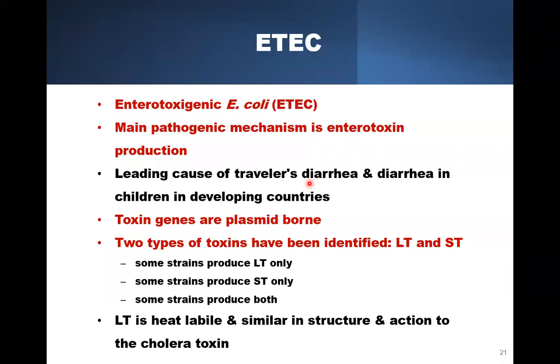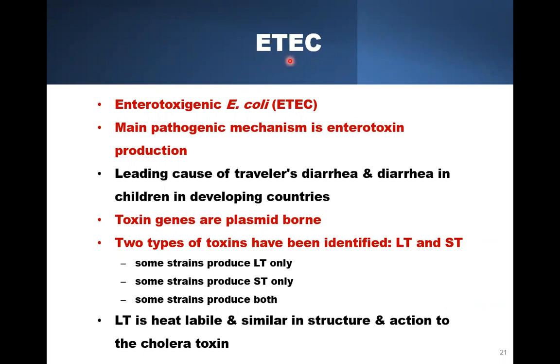So let's look at each strain, starting with enterotoxigenic. Now, enterotoxigenic is another strain that has a clue in the name. This is the usual agent of what we call traveler's diarrhea. So the T for traveler, the T for enterotoxigenic, okay?